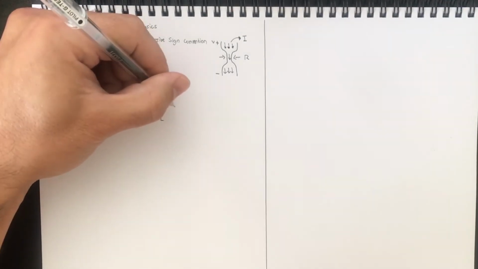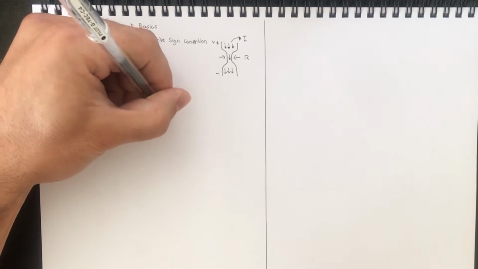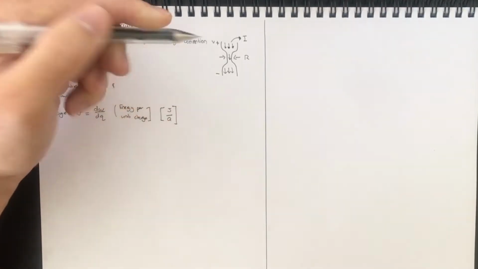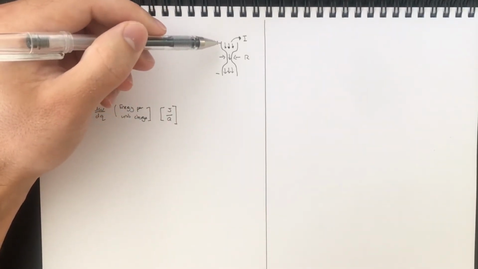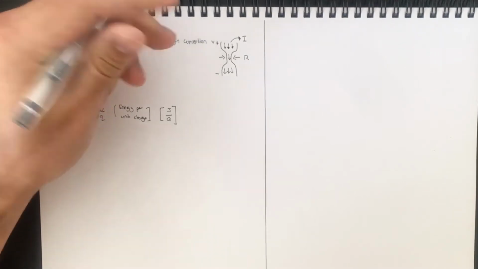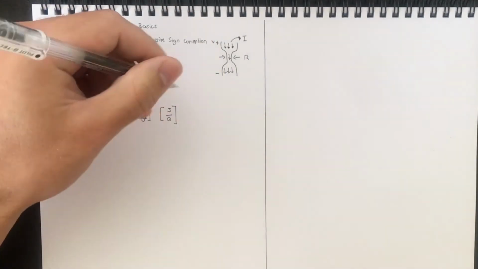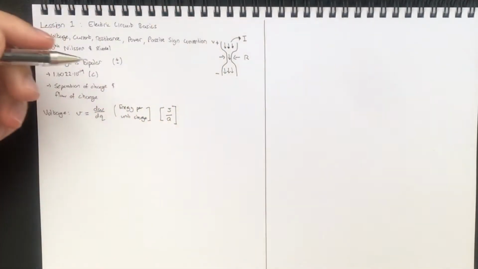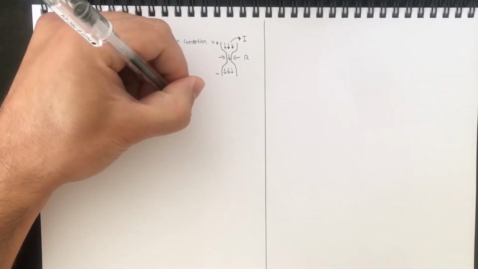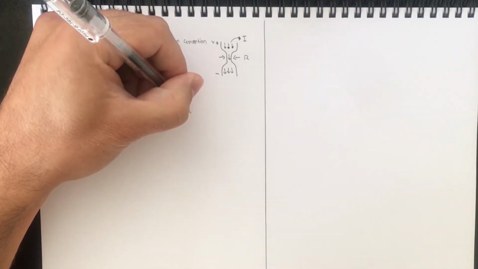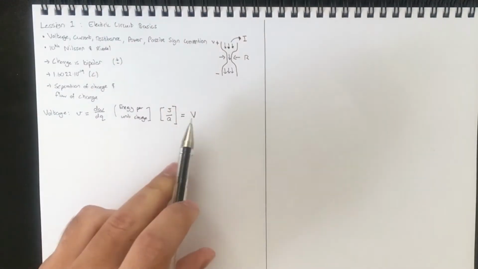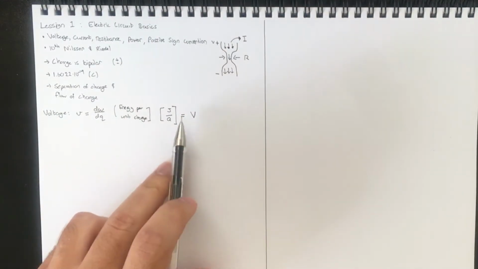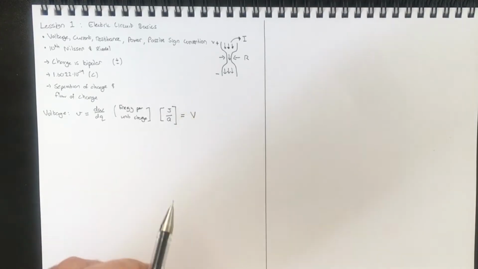And the units for this will be joules per coulomb. So it's the amount of the energy or the potential difference over a certain area of a conductor or over a certain element within an electric circuit. And this will become clear once we define certain elements within electric circuits. So this voltage is the unit volts or joules per coulomb.